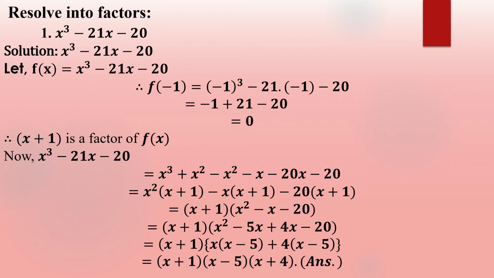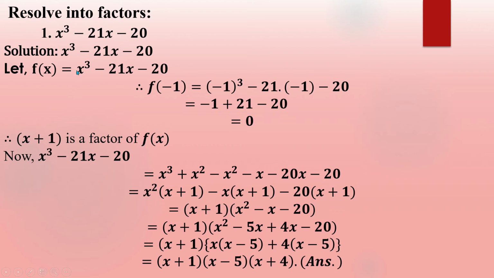Now we have to take a value which makes this equal to 0. For taking that value we have to consider the factors of the leading coefficient or the factors of the constant term.